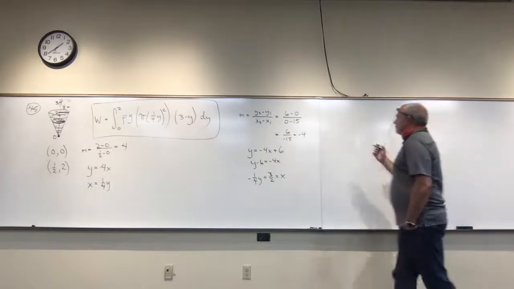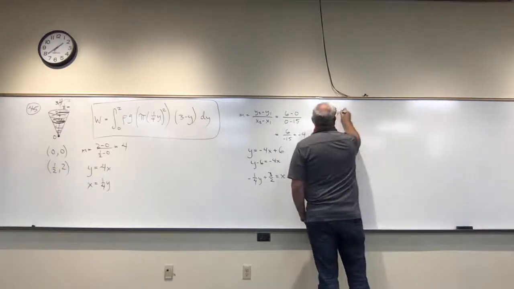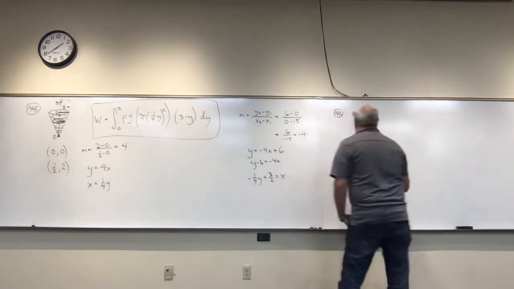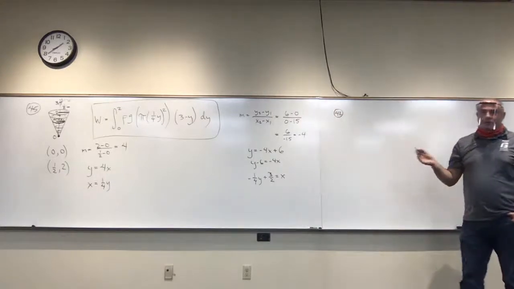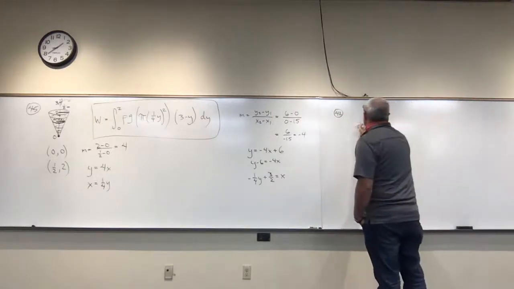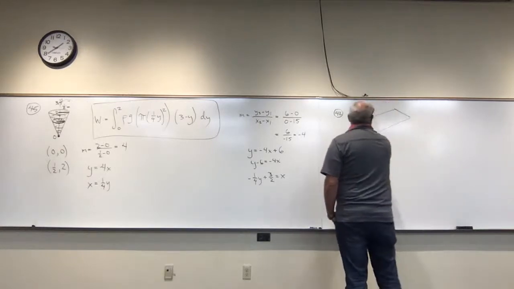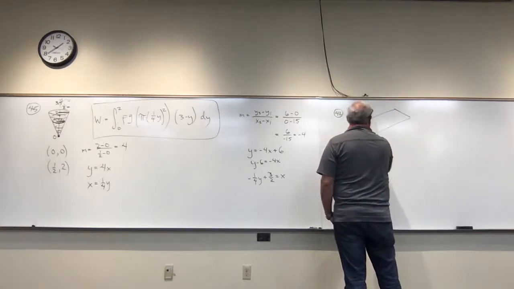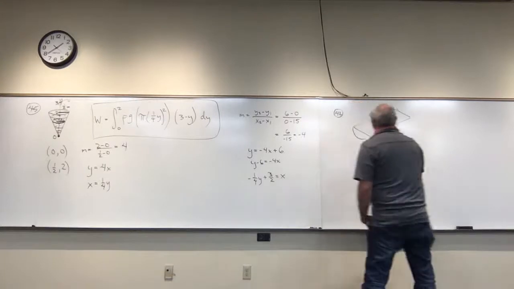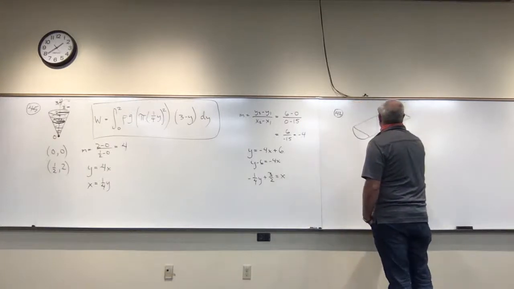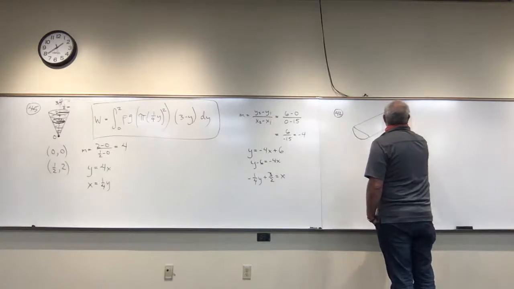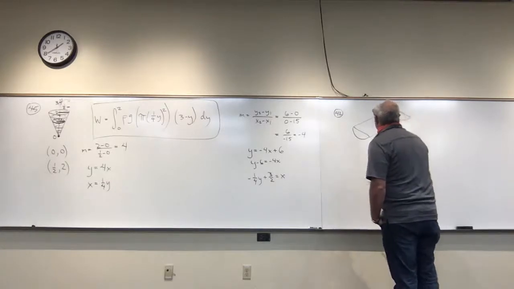So on number 42, we have some water trough, right? It looks like this. Something like that. It's not the prettiest thing I've ever drawn, but you get the idea.